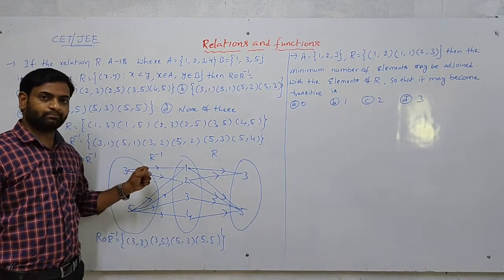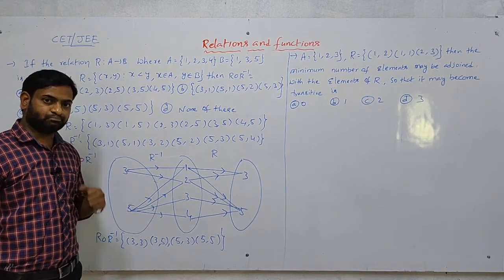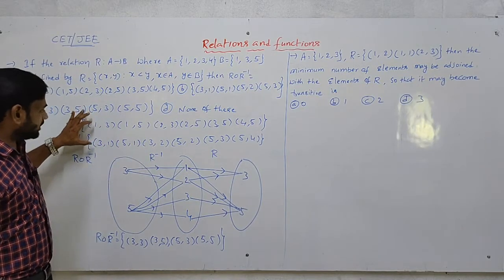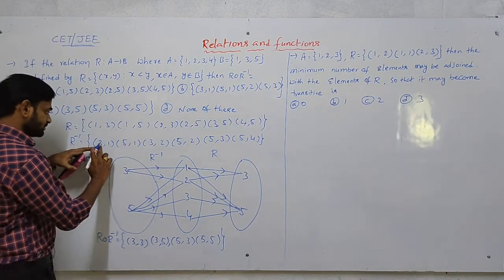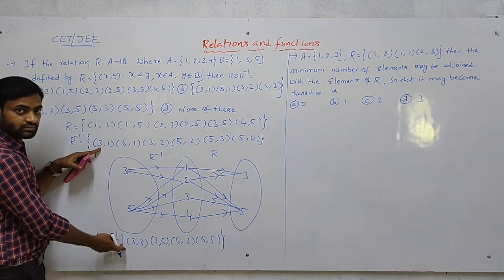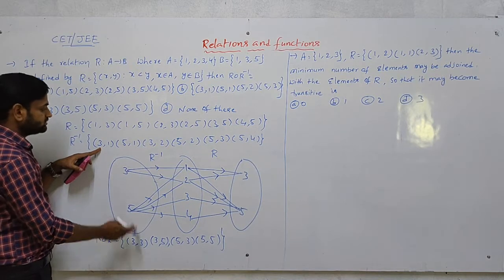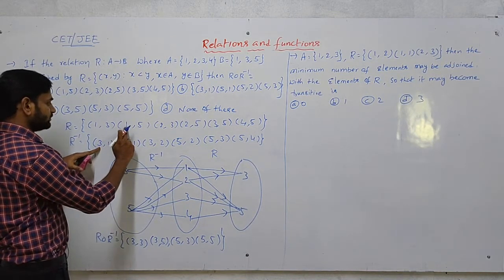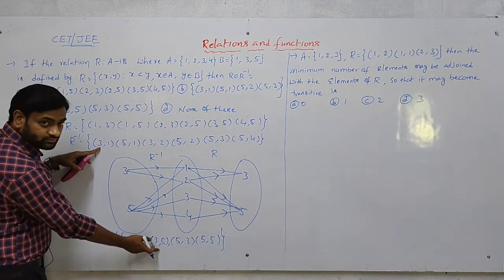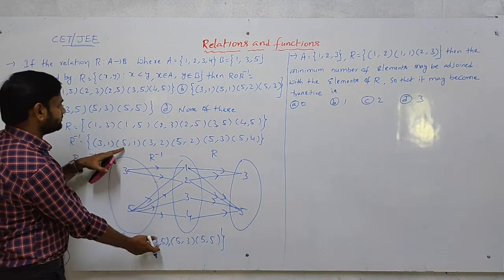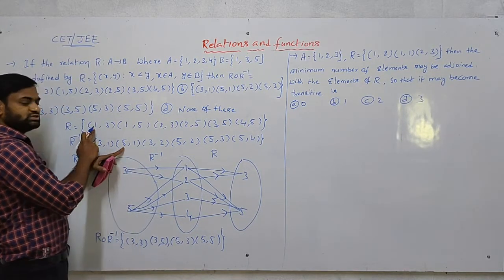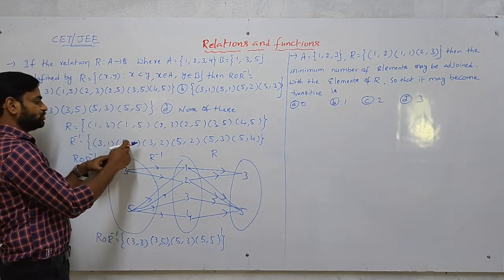That was through the diagram, but without drawing the diagram, after getting R inverse, you can directly see 3 to 1, 1 to 3, so 3 comma 3. Next 3 to 1, again 1 is there, 1 to 5, so 3 comma 5. With 3 complete, next 5 comma 1, 1 comma 3, so 5 comma 3.